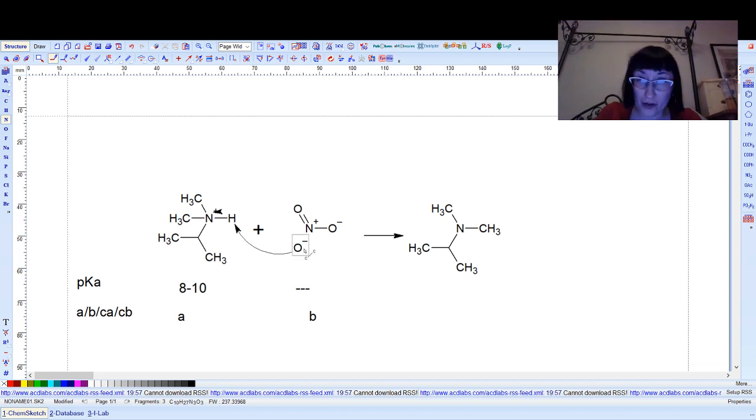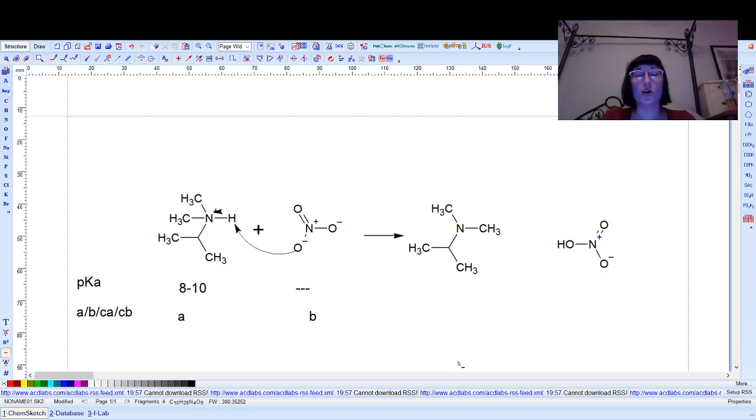So what does my nitrate look like then? And now you'll notice that my molecule is nitric acid. So what I started off with was the conjugate base of nitric acid.